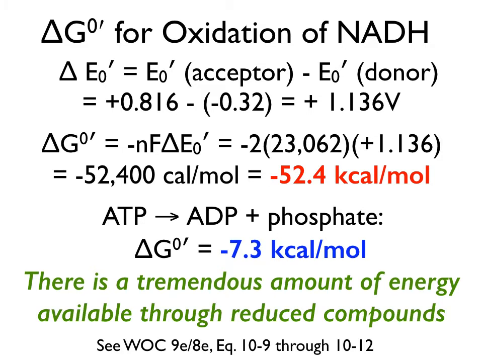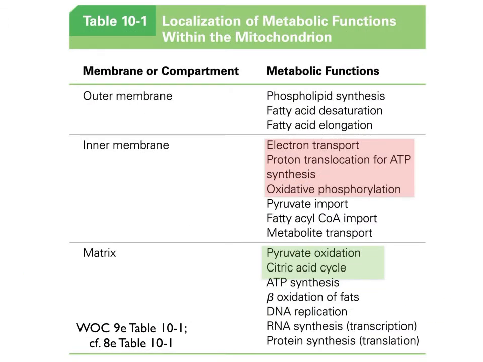Okay, so we've discussed standard electrode potentials and how they fit into electron transfers. And now let's consider where the various kinds of reactions occur that we're going to talk about that utilize these redox reactions. This is table 10.1 from your text and reminds you where some of these reactions occur.